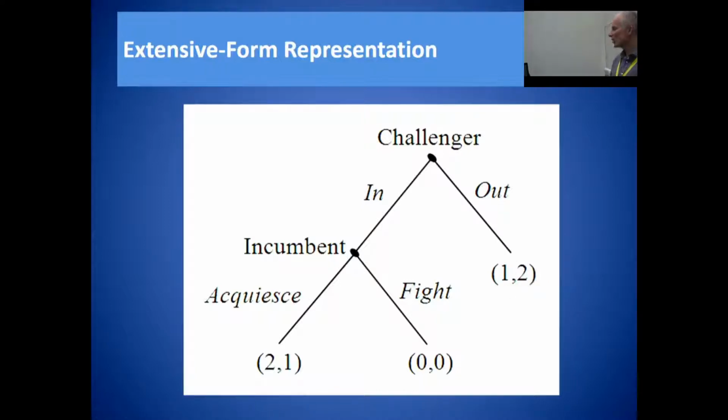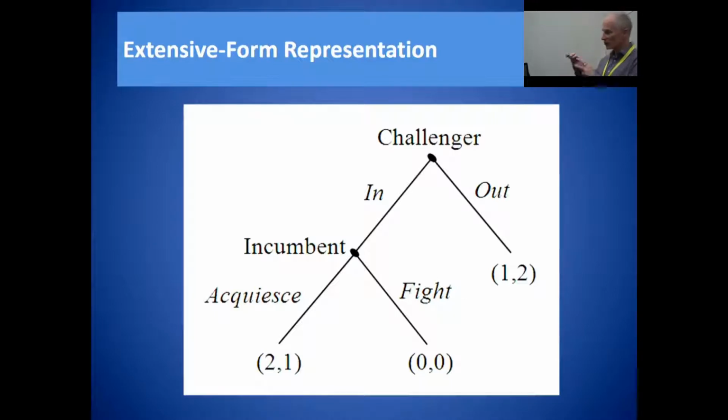Now, when games are described in extensive form, there's no real rubric of the way in which these numbers should be presented. However, what I'll do in this game is always present the first number as relating to the challenger, and always the second number will be as relates to the incumbent.